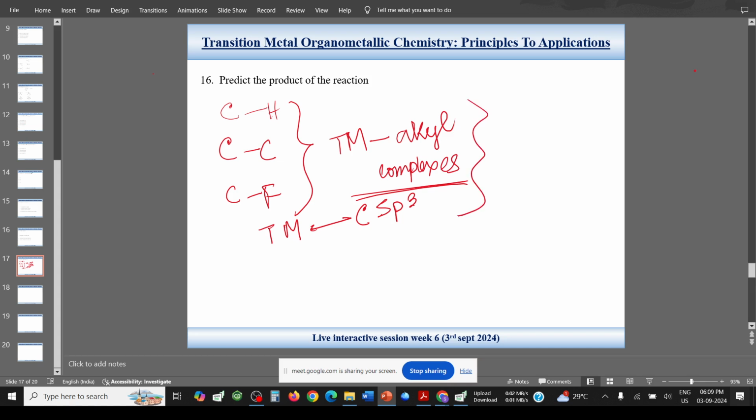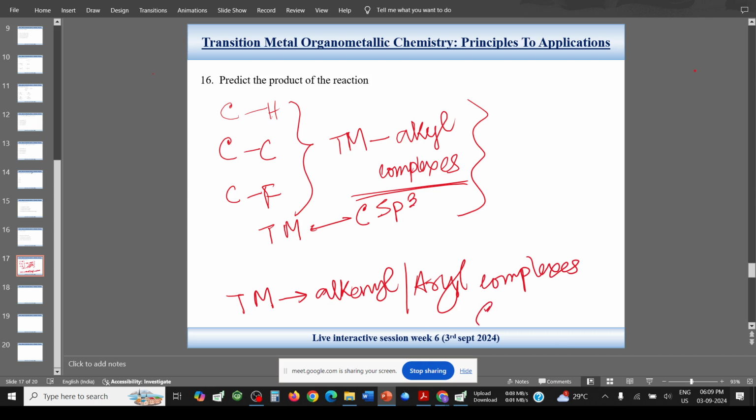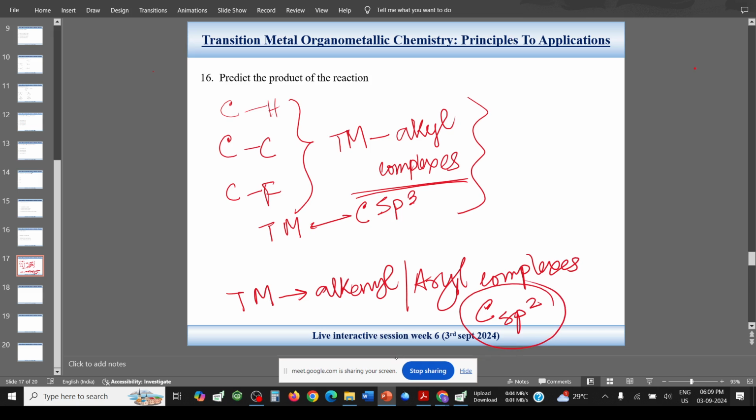In the next week we move to the bonding of transition metal alkynyl or aryl complexes, which have carbon atoms with sp2 hybridization. So in this week we will mainly discuss, through the problem solving approach, transition metal alkynyl or aryl complexes having sp2 hybridization.